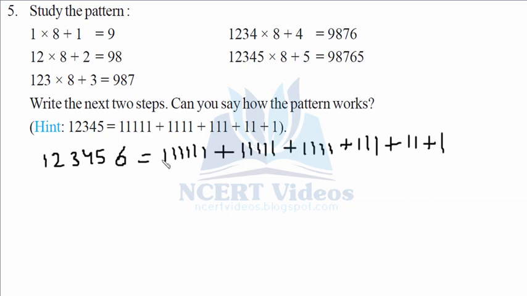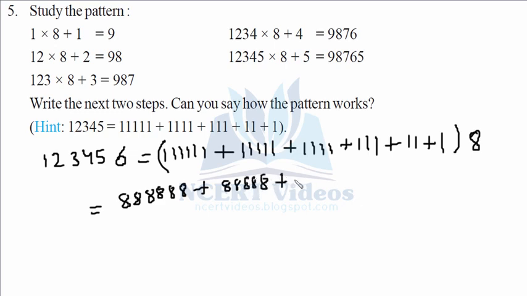Now it is saying to multiply all of it with 8. So this is nothing but 6 times 8 plus 5 times 8 and so on up to 1 time 8. So we are writing it as 888888 plus 88888 plus 8888 plus 888 plus 88 plus a single 8.